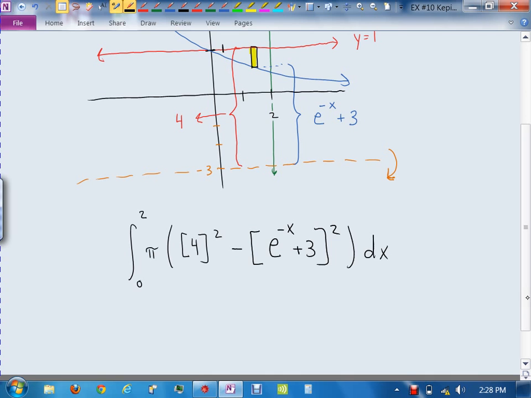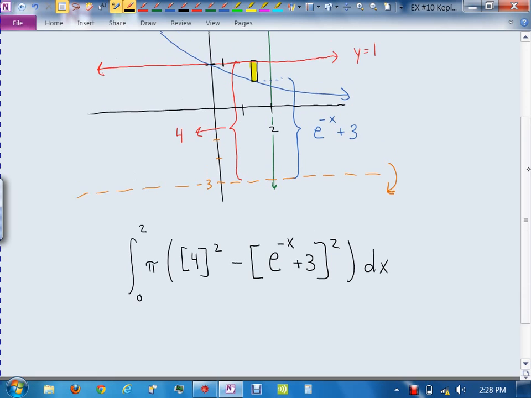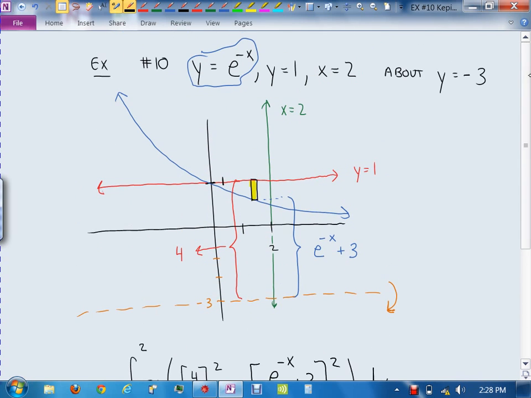Okay. Let's try the same problem, but I want to do something different. I want to take this same exact problem and rotate it around y equals 3 instead of negative 3. So y equals e to the negative x, y equals 1, x equals, wait, they didn't give you x equals 2, did they?